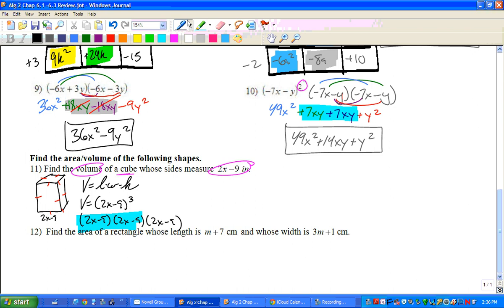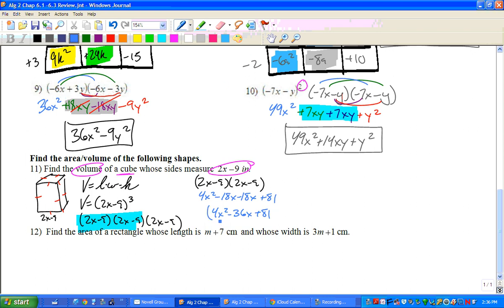That's what you have to multiply first: 2x minus 9 times 2x minus 9. You guys should be able to do that by yourself. I'm going to do it very fast. You should be getting 4x squared minus 18x minus 18x plus 81. Combine your like terms, and that's what you should get.